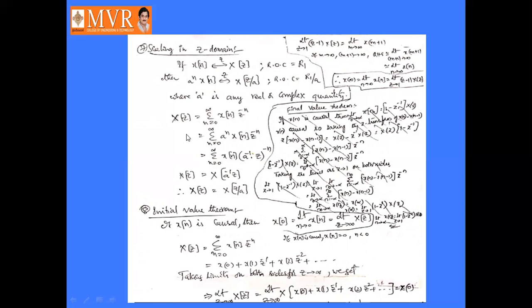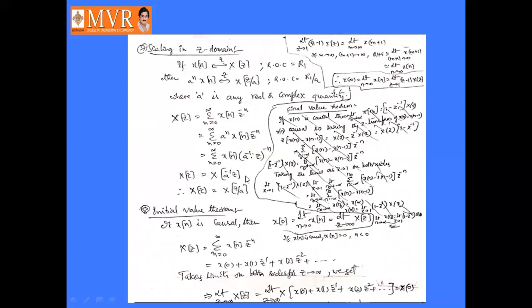So x of z equals sigma n equals 0 to infinity x of n into z power minus n, which is equal to sigma n equals 0 to infinity a power n into x of n into z power minus n, so that it will become x of n into a power minus 1 into z whole power minus n. So it is nothing but x of a power minus 1 into z, or x of z by a.